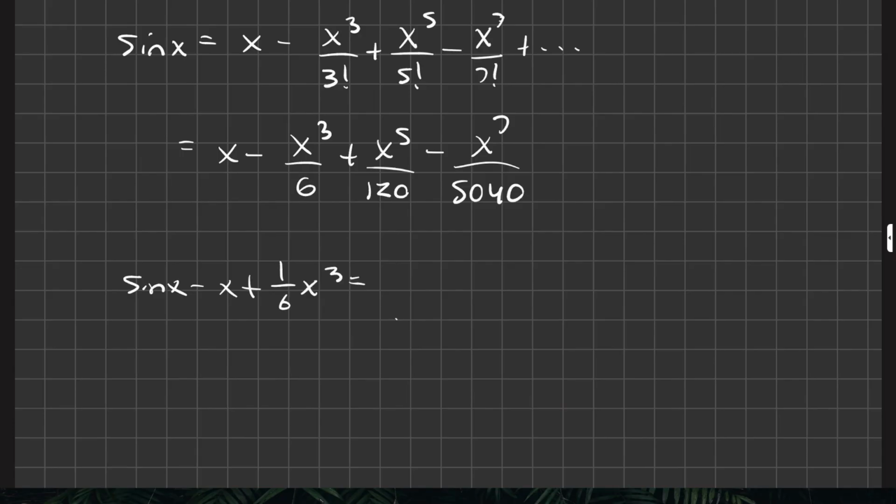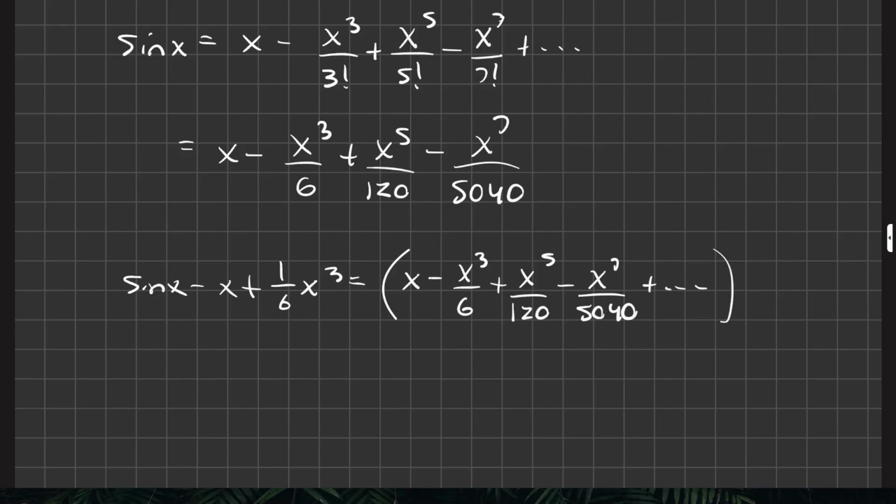This is our Taylor series for sine of x, so x minus x cubed over 6 plus x to the 5th over 120 minus x to the 7th over 5040, on and on and on. And then what's left over is we're subtracting x from that and then adding 1/6 x cubed. So this is the numerator of our limit.